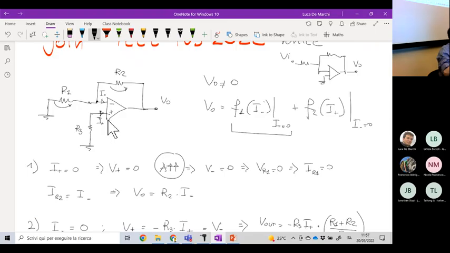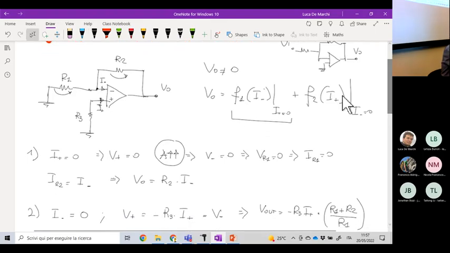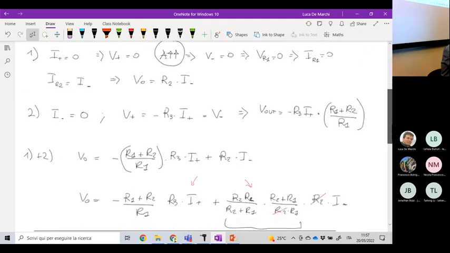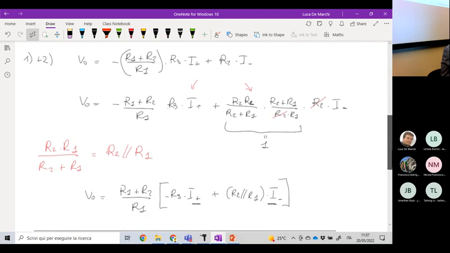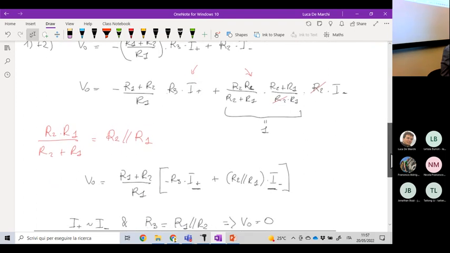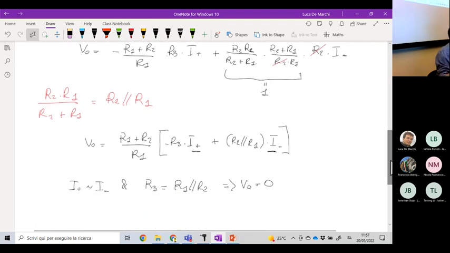In some cases, when the input currents are different from 0, it can be useful to add this extra resistor here. Because if you select R3 equal to R1 parallel R2, then the output is null for null inputs, as desired.